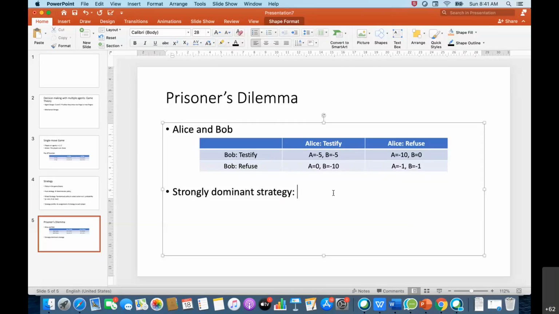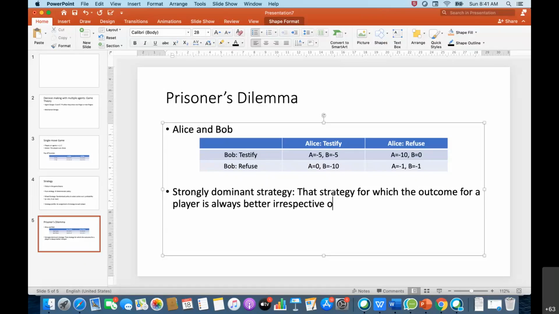So it is that strategy for which the outcome for a player is always better, irrespective of what the other player chooses.